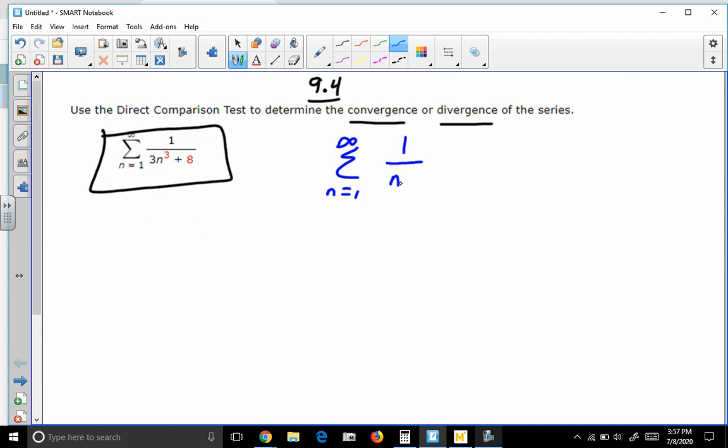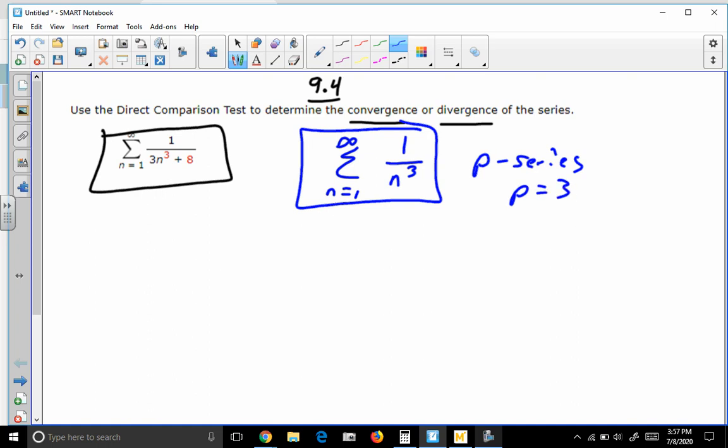Notice if we take off the +8 and the 3, we have a series here that's a p series with p equal to 3. Since that's greater than 1, this series converges. Remember that p series converge as long as the power is bigger than 1. So if this one is smaller than that one, then it's going to converge also.